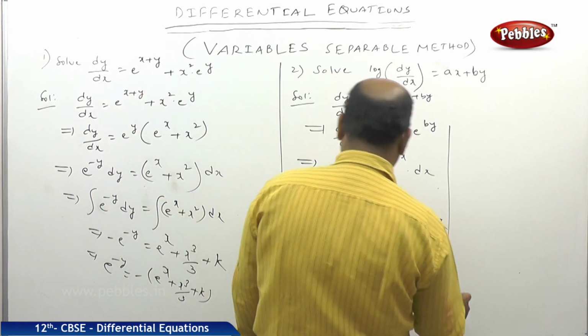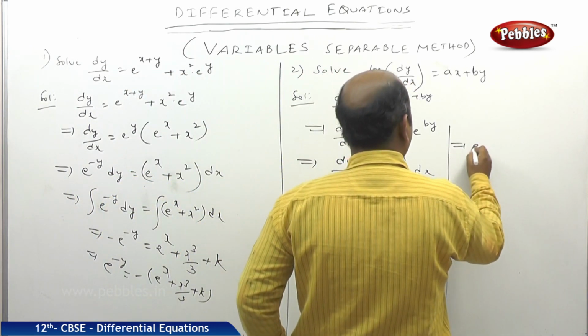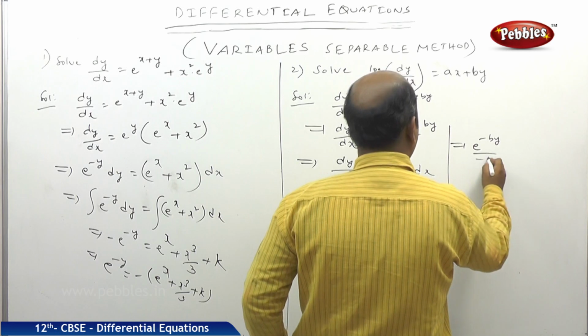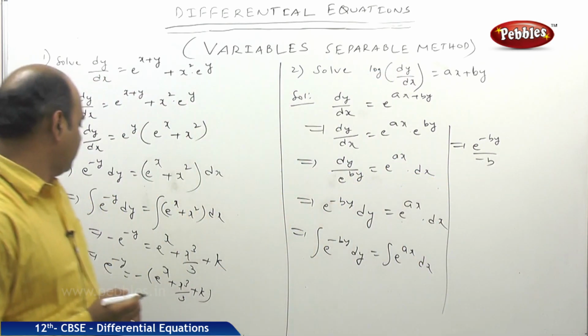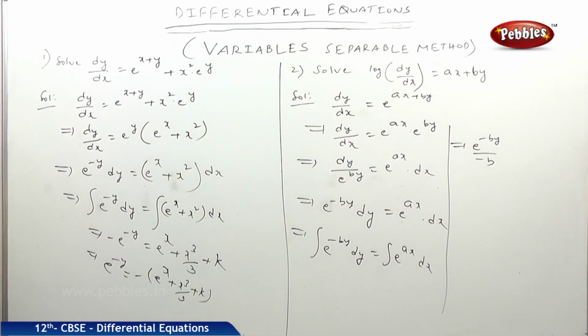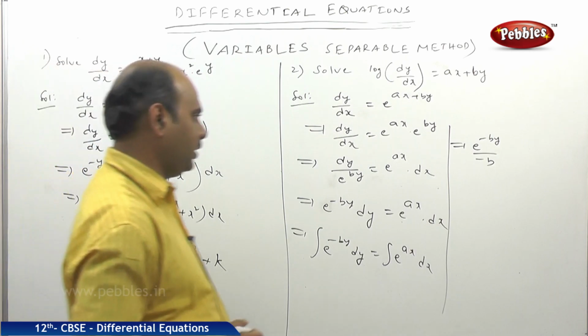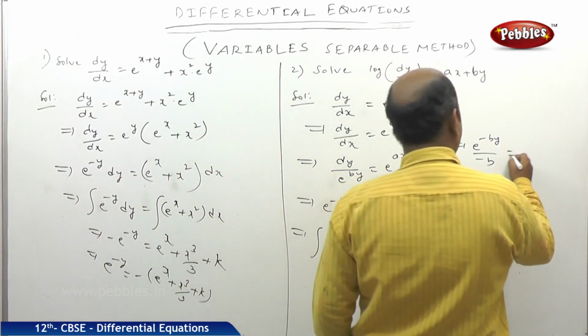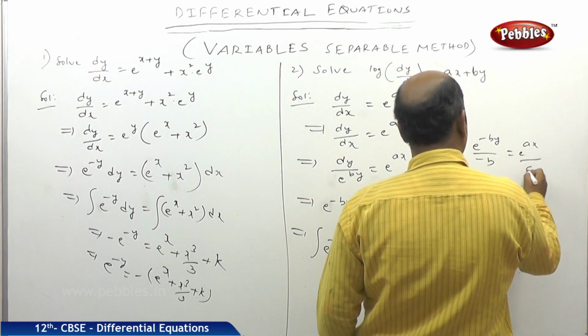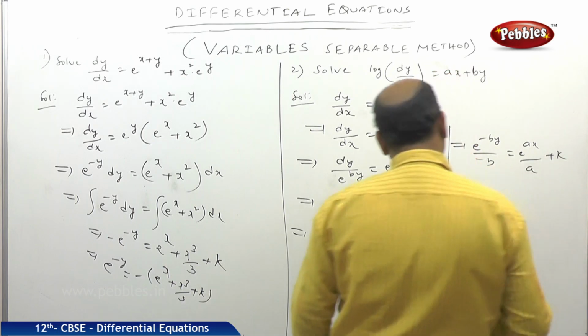So we need to find the integral. That implies e power minus by divided by minus b, because while integrating, whatever coefficient is there comes to the denominator. So e power minus by by minus b is equal to e power ax by a plus k.